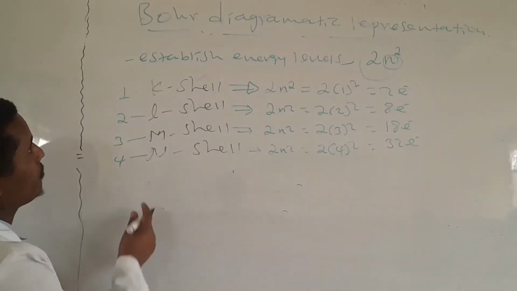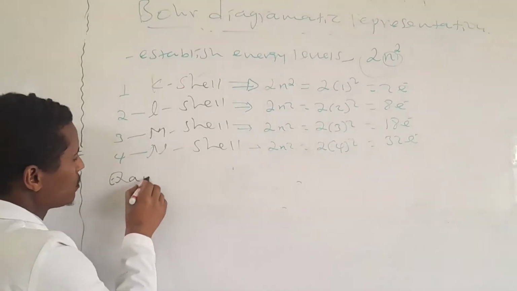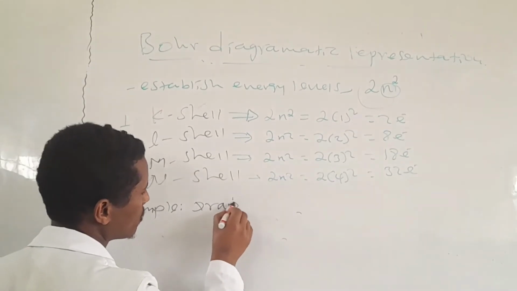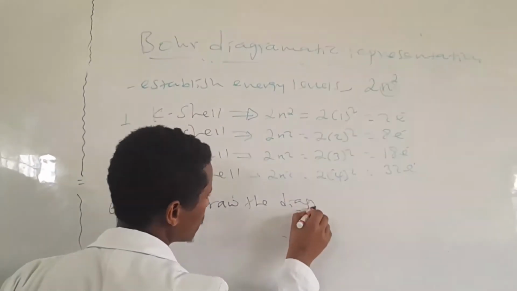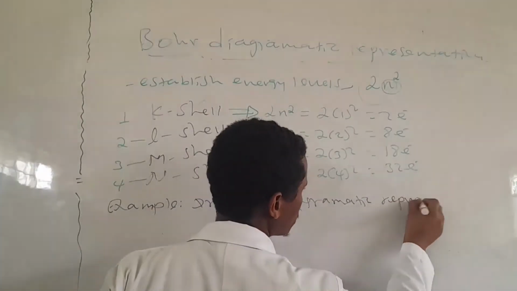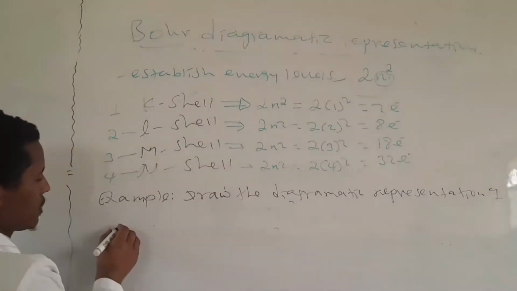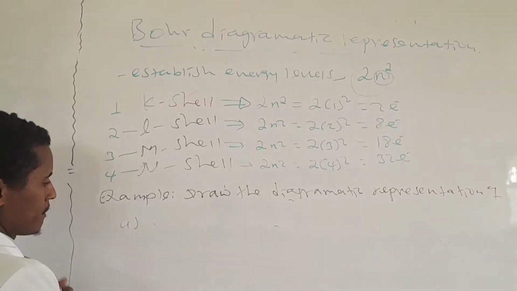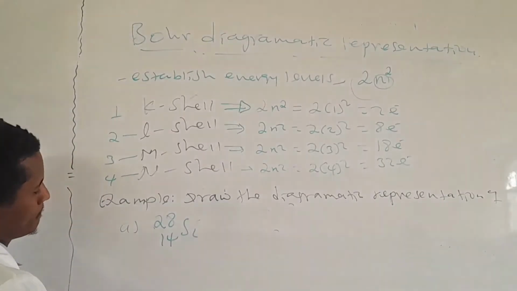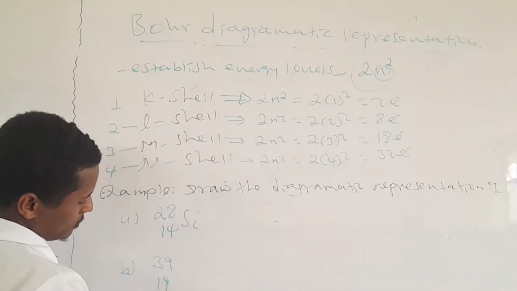Let's see examples for the Bohr diagrammatic representation. Example: draw the diagrammatic representation of, let's say, A, 28, 14 silicon, and B, let's take 39, 19 potassium.